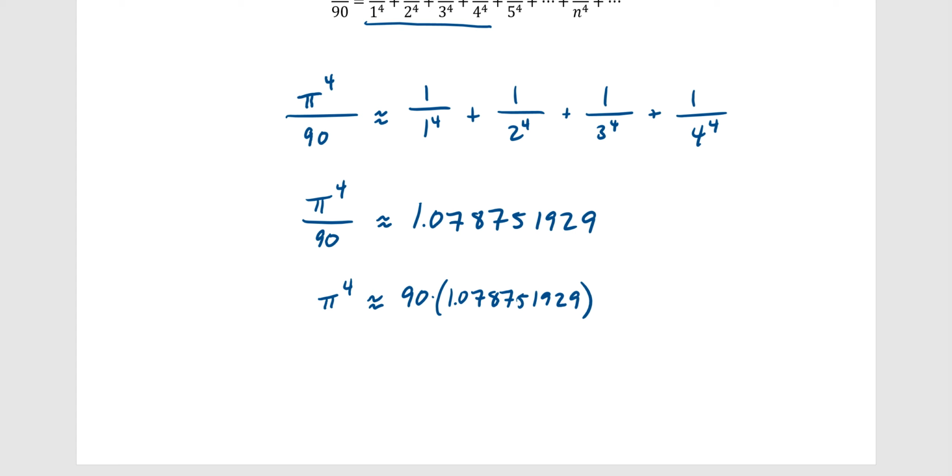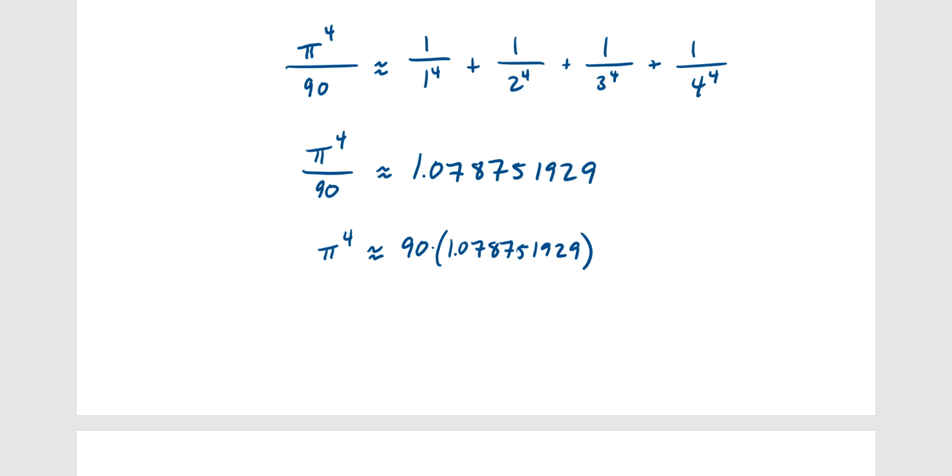And then to cancel a power of 4, we have to raise both sides to the reciprocal of 4, which is 1/4, which means we're taking the 4th root of both sides. So that's going to be the 4th root of 90 times this 1.078751929 number.